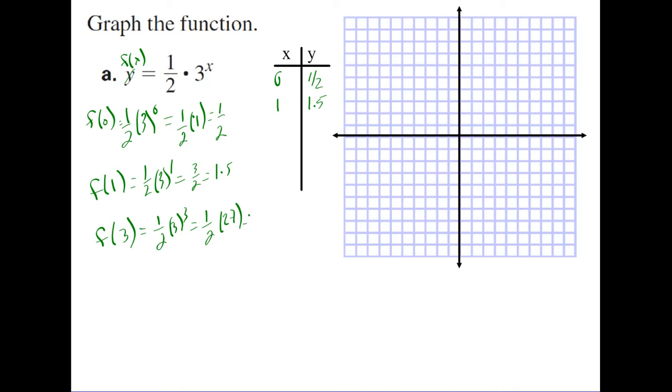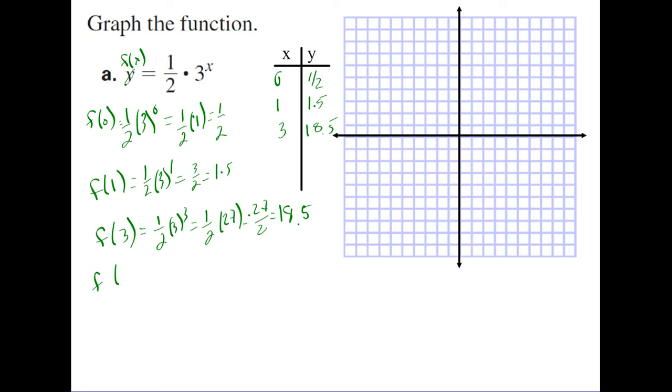So that's 27 halves, which is 13.5. So we're probably off the graph at this point, 3 and 13.5.